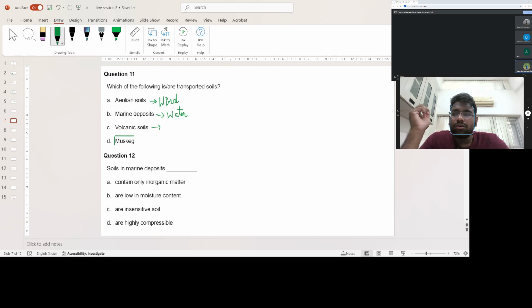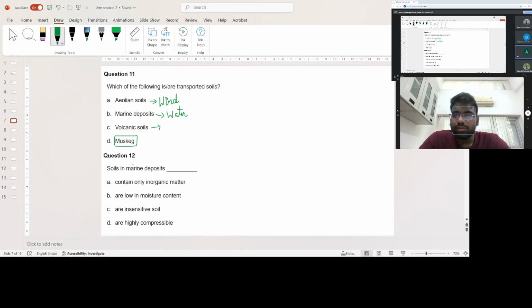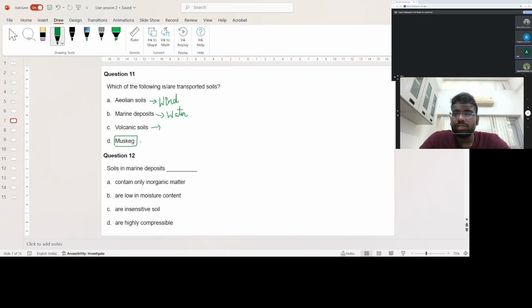And does anyone know what muskeg is? Any idea? It is organic soil in waterlogged areas. You are going to see this type of soil from decomposition of wood and fibers, plant residue, and all together. To give better clarity, you must have heard about bogs.